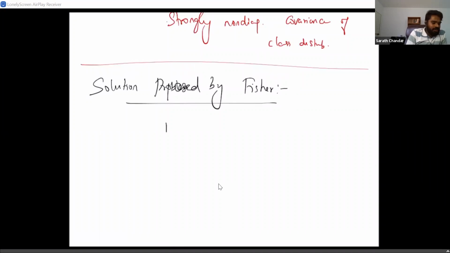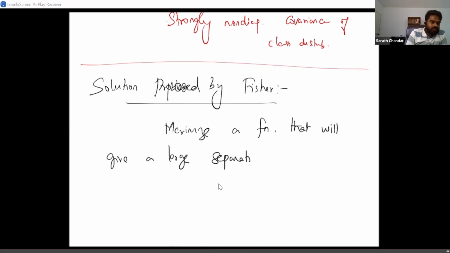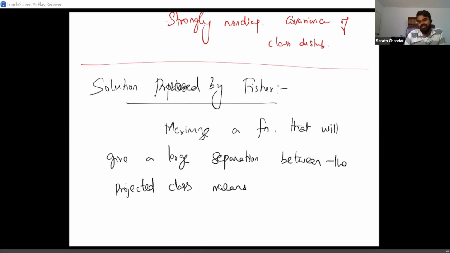Fischer said you maximize a function that will give a large separation between the projected class means. Up to this point is what algorithm 1 is, right? But he adds an extra constraint.